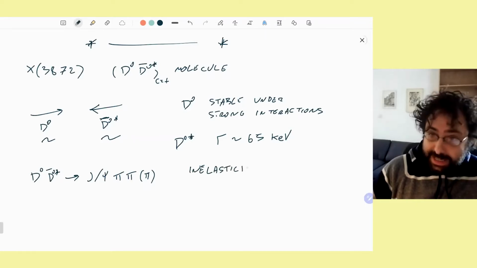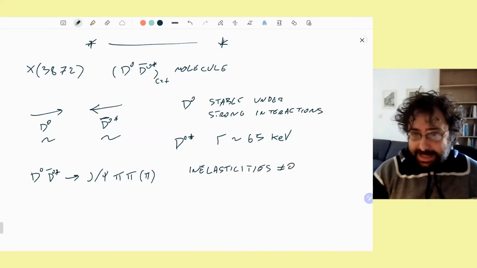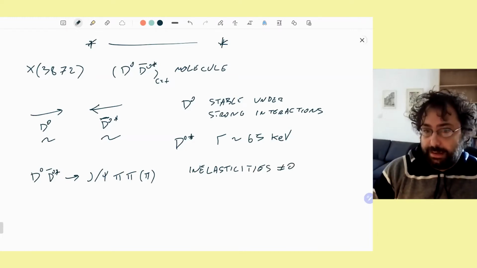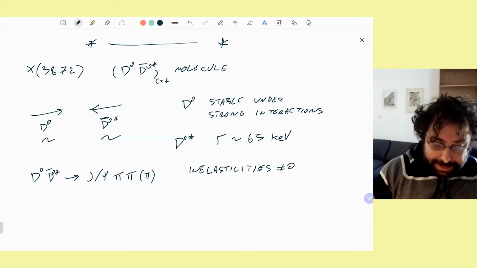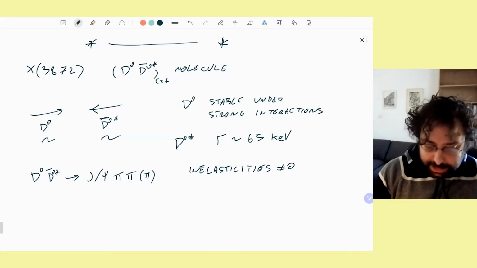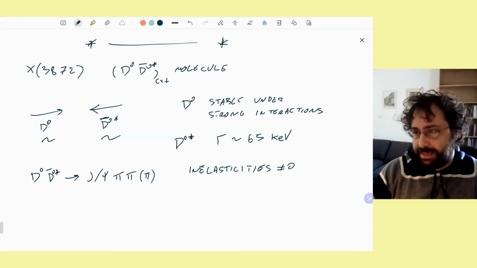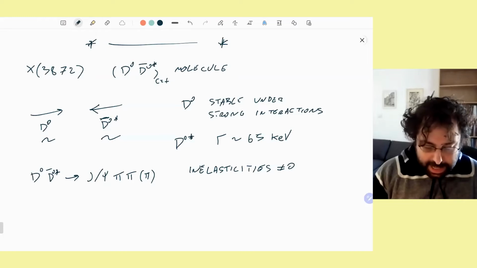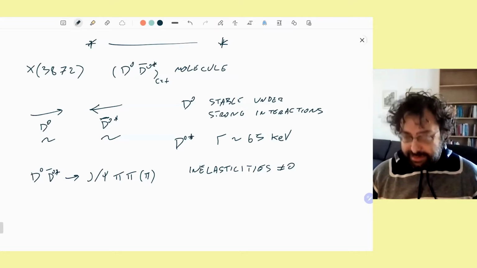That means that the scattering of DD star is not purely elastic. If you start from DD star, you may end up in something else. But since there are indications that the width of the X is mostly saturated by this DD star, these inelasticities are actually small, and you can neglect them at first order.